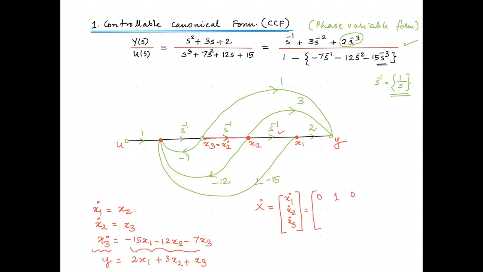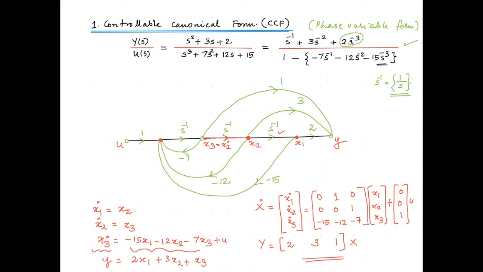You can write [0, 1, 0; 0, 0, 1; minus 15, minus 12, minus 7] into [x1, x2, x3] plus [0, 0, 1] into u. Here you have a u term also. So y is equal to [2, 3, 1] x. So this is the controllable canonical form.